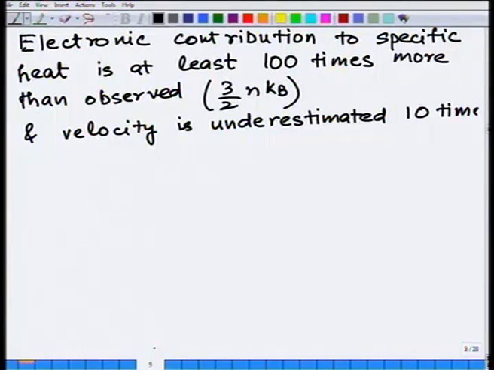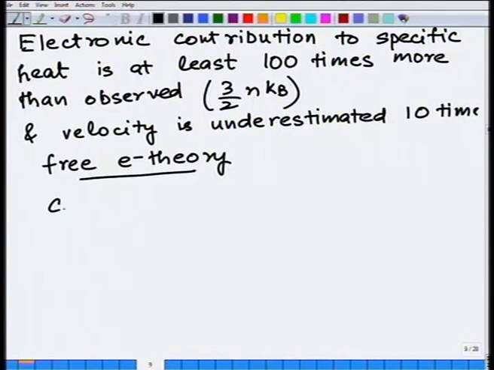Now, let us see what happens in free electron theory. In free electron theory, the estimate of C_V becomes equal to π²/2 (k_B T/E_F) n k_B, where k_B is the Boltzmann constant and E_F is the Fermi energy.